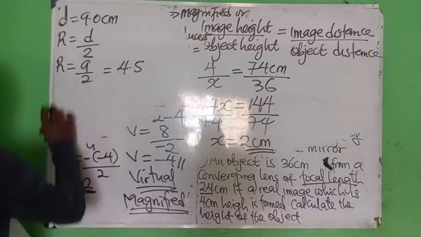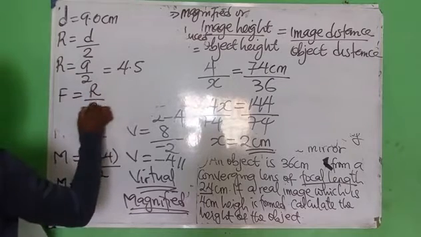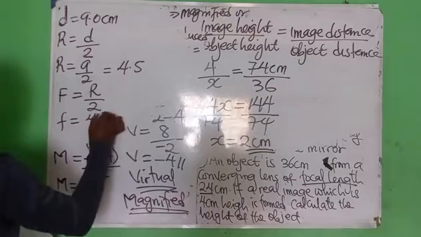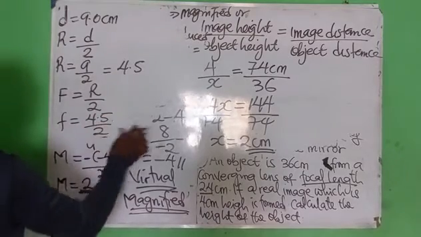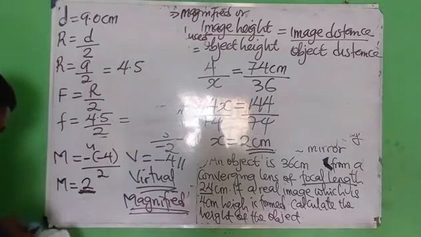Don't forget that our focal length is equal to radius of curvature over 2. So f is equal to 4.5 over 2. So the answer is 4.5 divided by 2 equals 2.25.